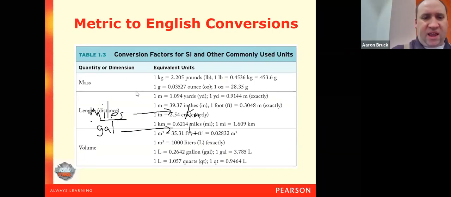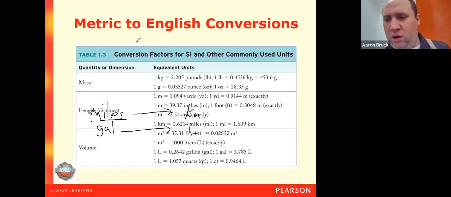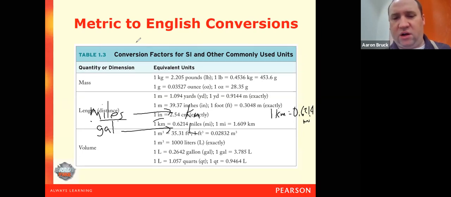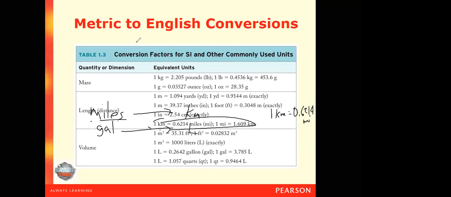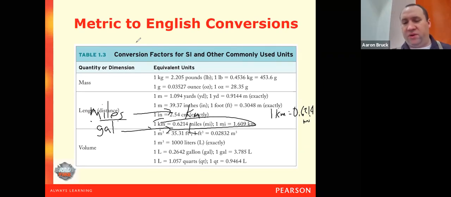And I'm going to see that, okay, 1 kilometer is equal to 0.6214 miles. That's the conversion here on the bottom. Now you could also use the 1 mile is equal to 1.609 kilometers. That would work just fine as well.